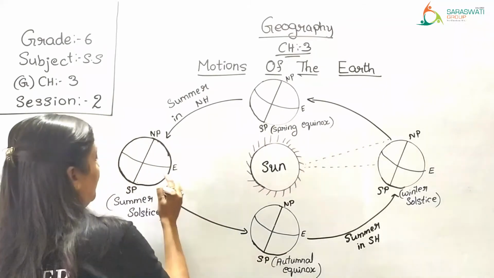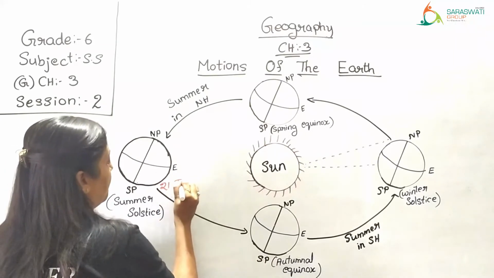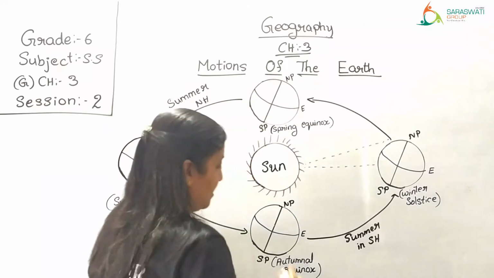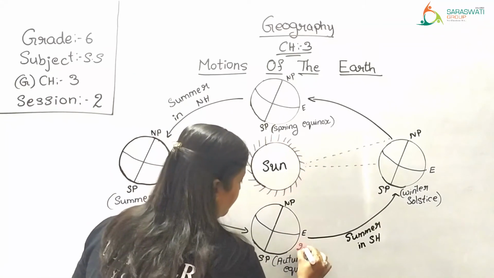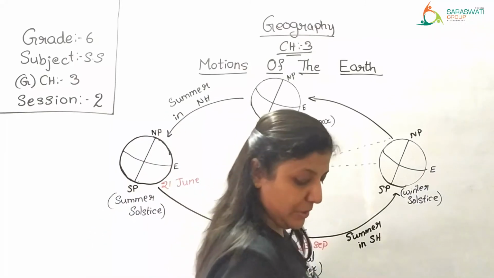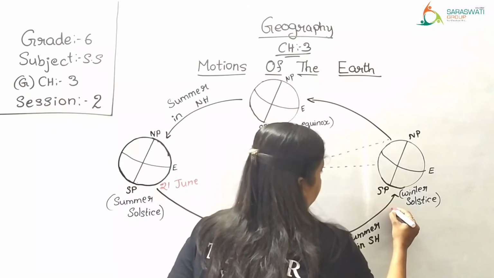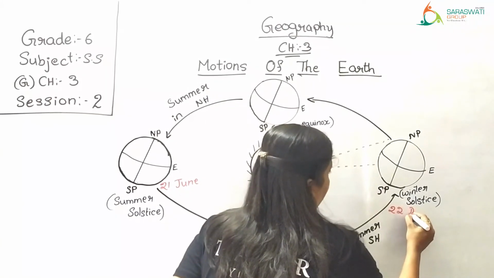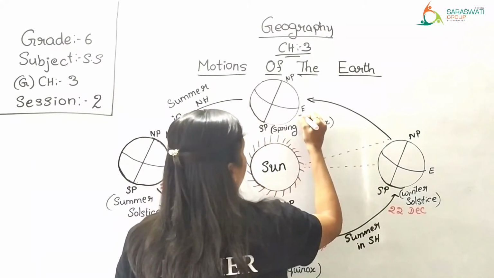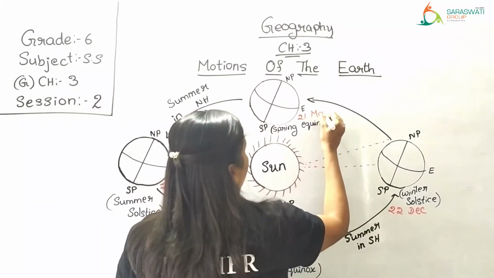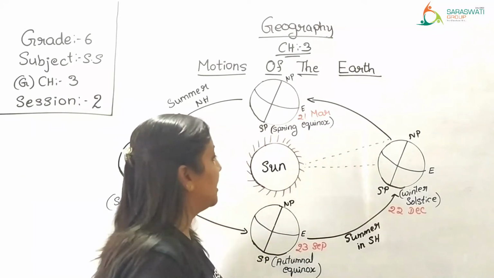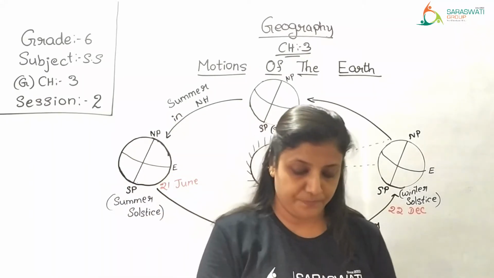This is 21st June. Then you have 23rd September. Then you have 22nd December. And 21st March. These are the different dates that we are going to learn now.